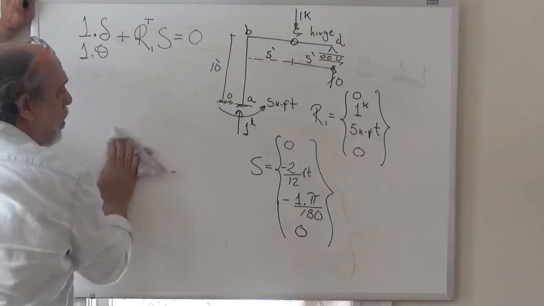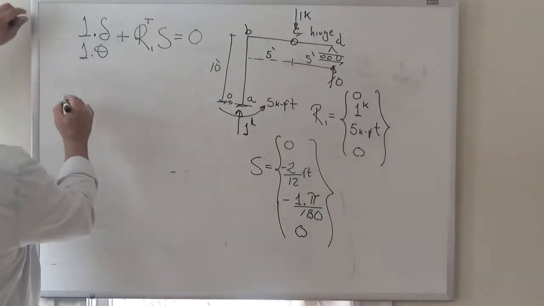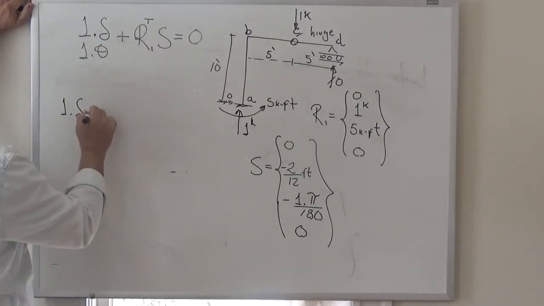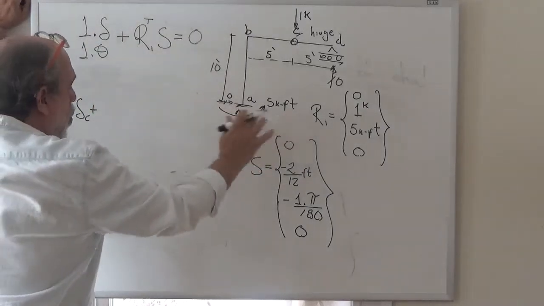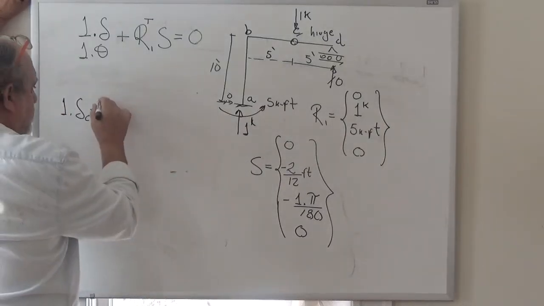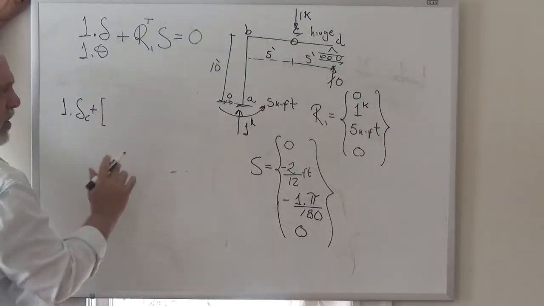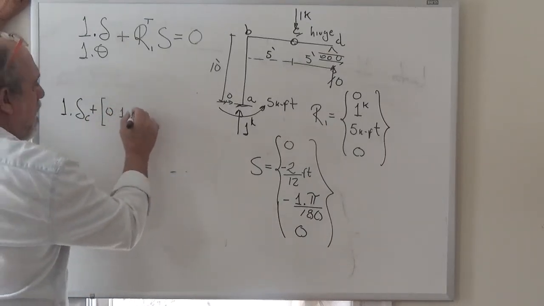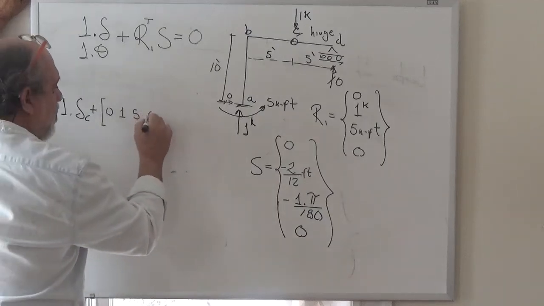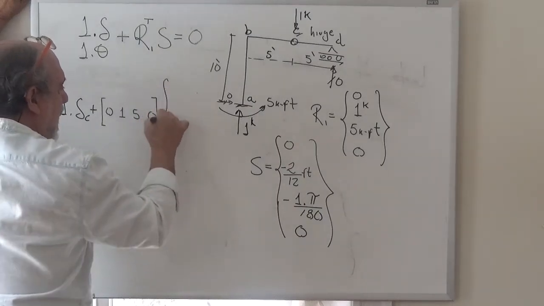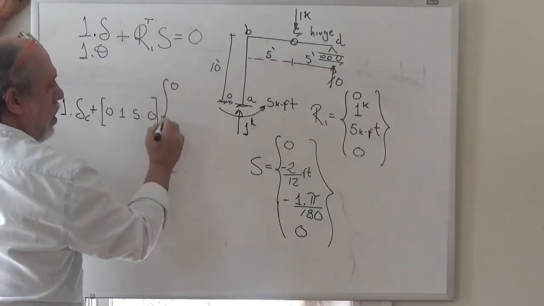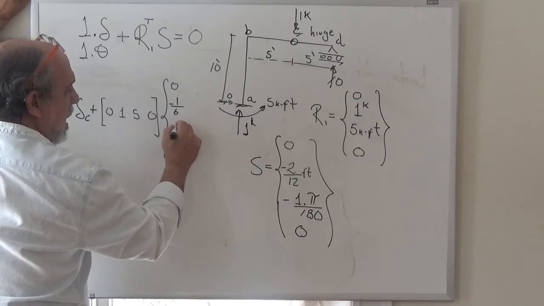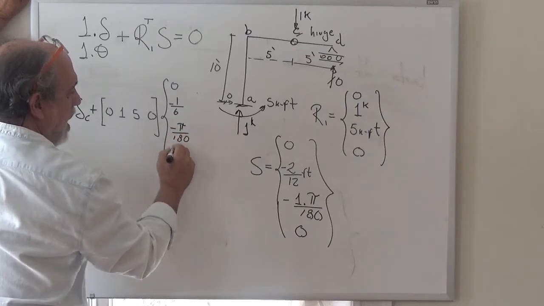So, to find the answer that we were asked, we say 1 times delta at C plus the work, which is R1 transpose times S. Just for mathematical consistency, I'm going to write it correctly. 0, 1, 5, 0, multiply times 0, minus 1/6, minus pi over 180, and 0.